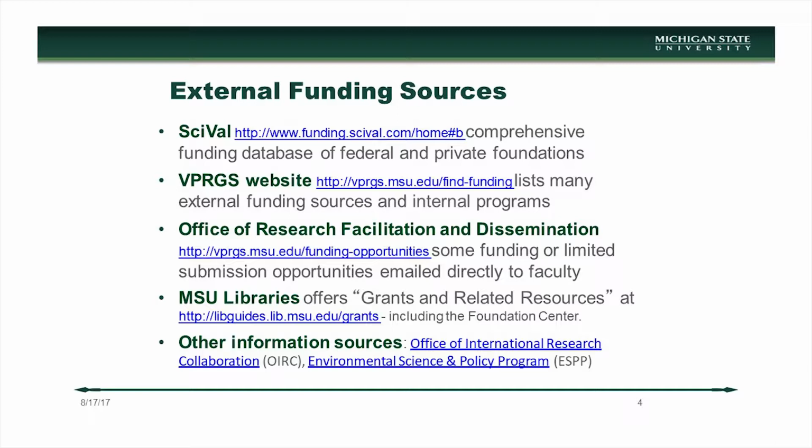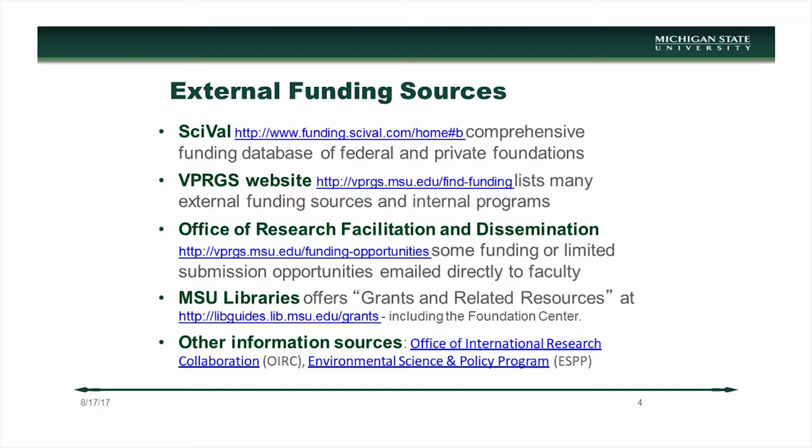Then the Office of Research Facilitation and Dissemination also has funding or limited submission opportunities. These are emailed directly to faculty. As mentioned before in the earlier presentation, the MSU Libraries also offers grant and related resources, which also includes the Foundation Center.